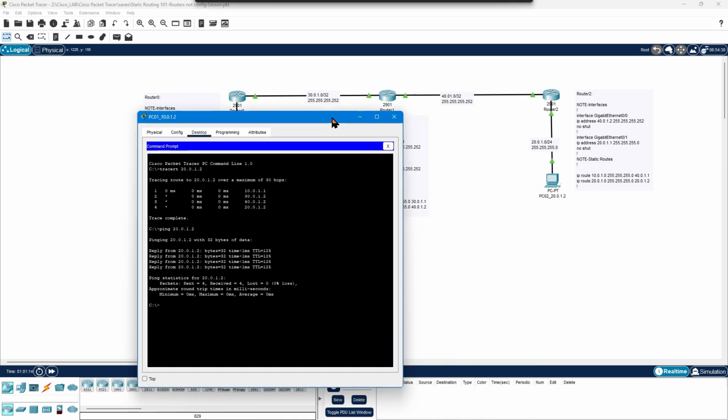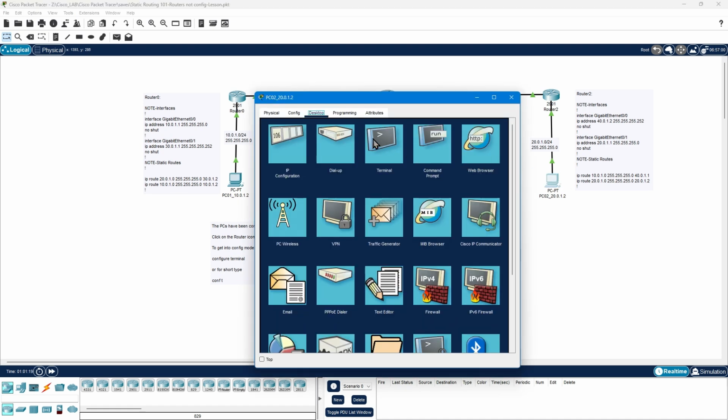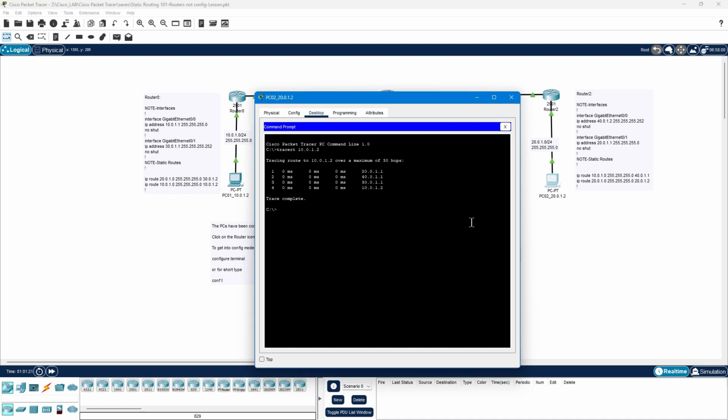We're just doing it as a sanity check. We do the same thing on this guy here, and also a little trick you can do: you can just backspace and type ping right here and hit enter. It doesn't care if you go back to the beginning. And this tells us again that we have a good connection.